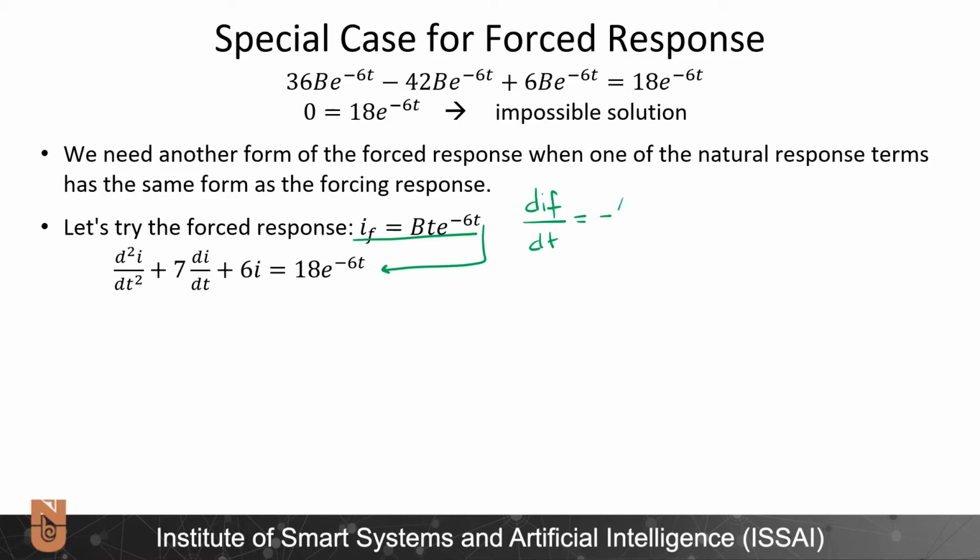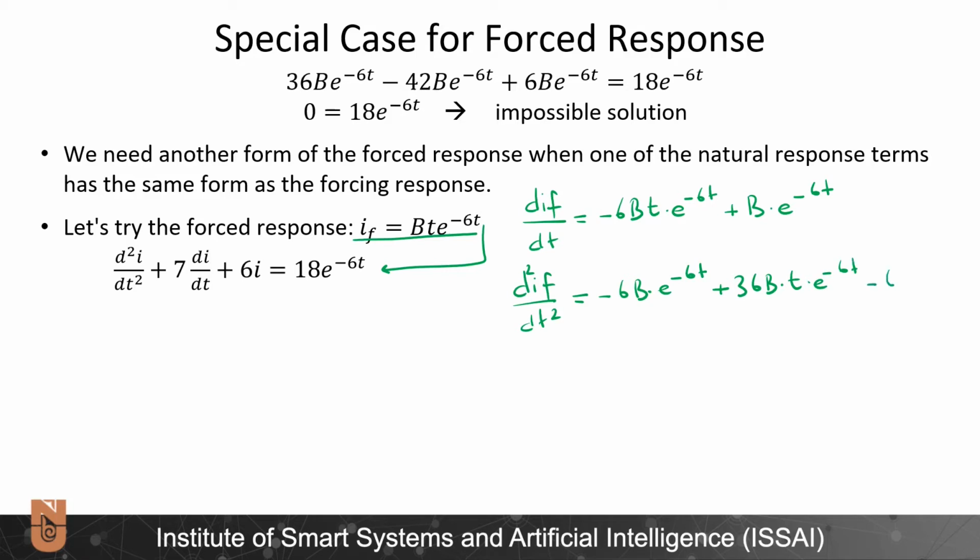So it will be minus 6bt times e to the minus 6t plus b times e to the minus 6t. And the second derivative will be simply minus 6b times e to the minus 6t plus 36b times t e to the minus 6t minus 6b e to the minus 6t.